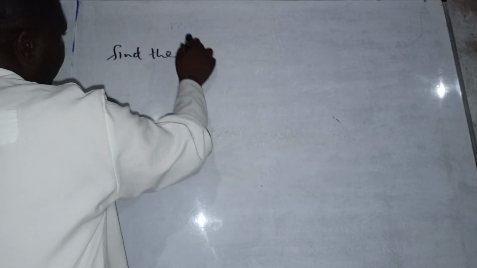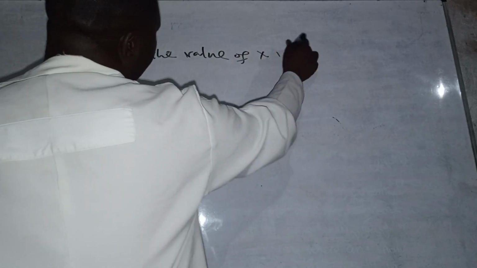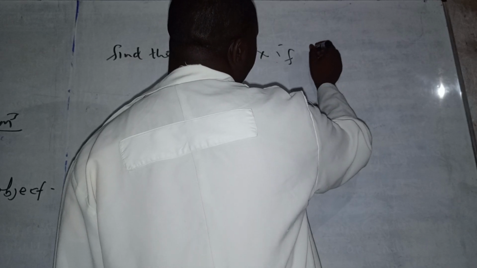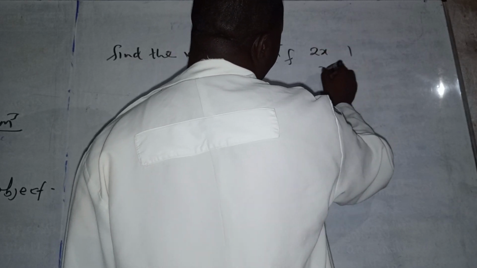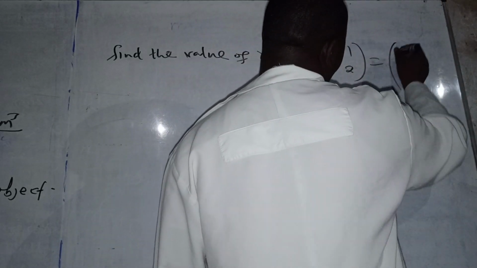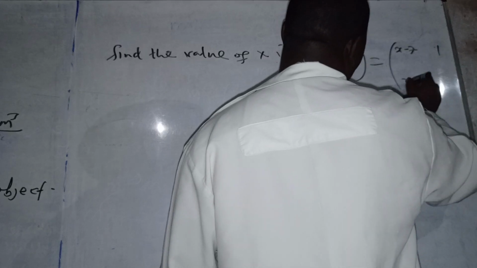Then I also have another question which says find the value of x if the matrix 2x, 1, 3, 2 is equal to x minus 7, 1, 3, 2.